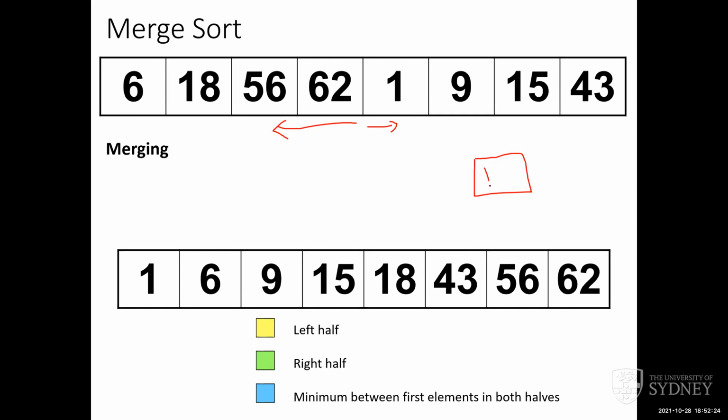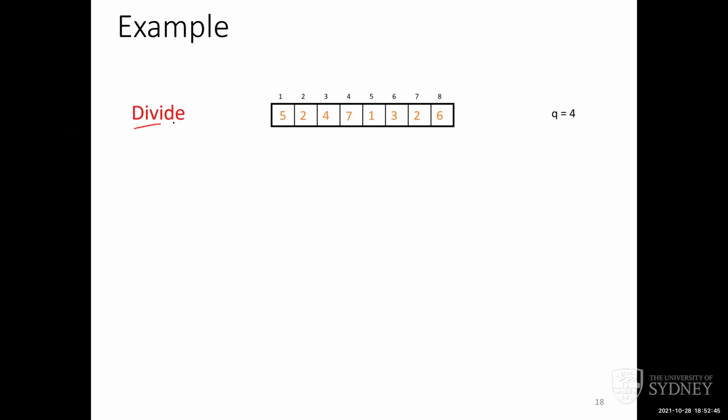When I have only one element. If a list has more than one element, I need to check whether it is sorted or not. If a list has only one element, is the list sorted? Yes, because there is only one element, right? So start from there. That's the idea for dividing.